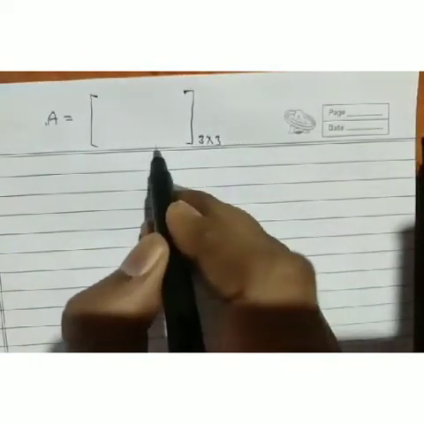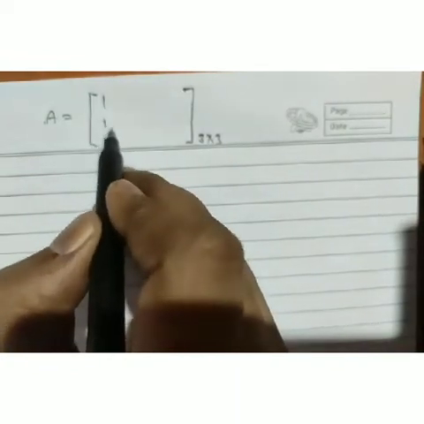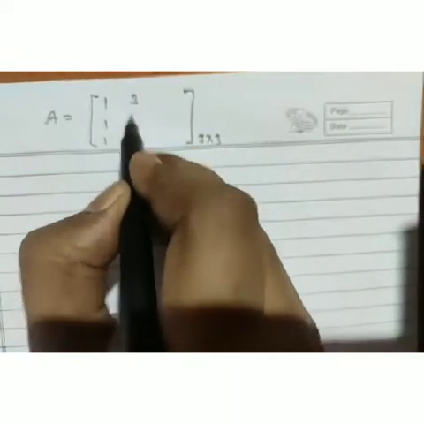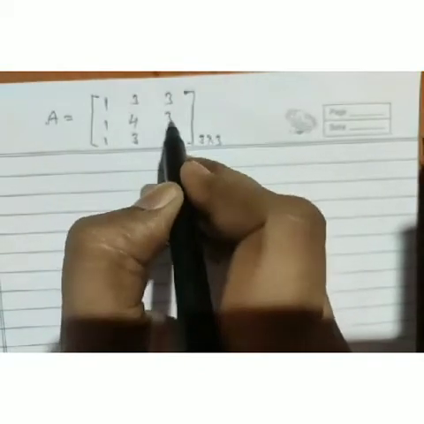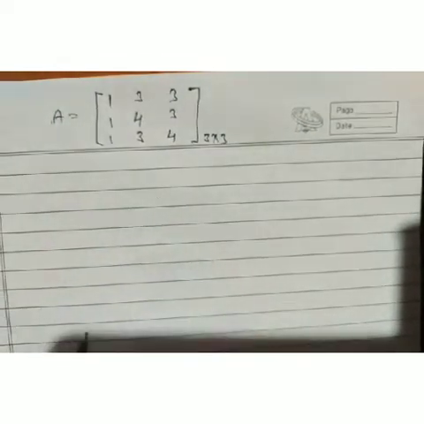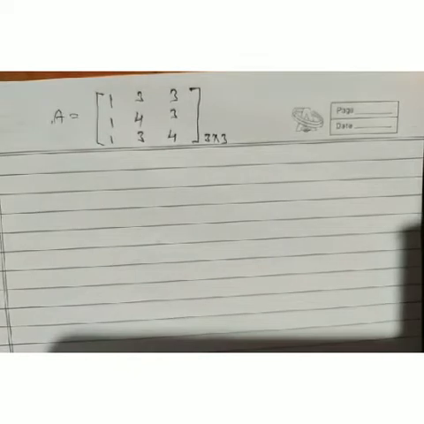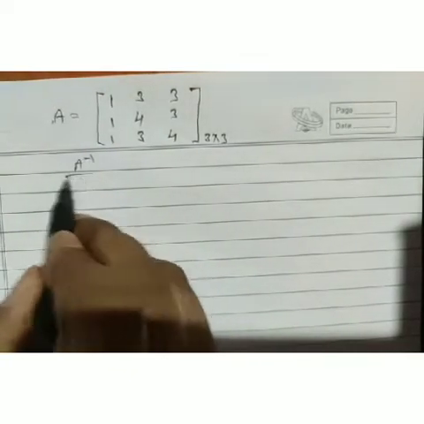We are going to take a 3 cross 3 square matrix with elements 1, 1, 1, 3, 4, 3, and 3, 3, 4. We have a square matrix of 3 cross 3, and we are going to find A inverse.